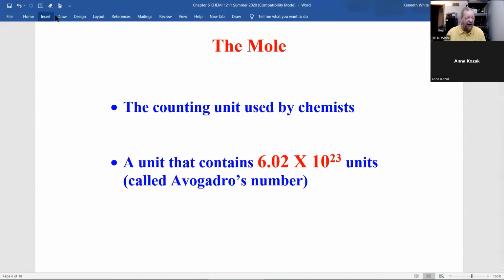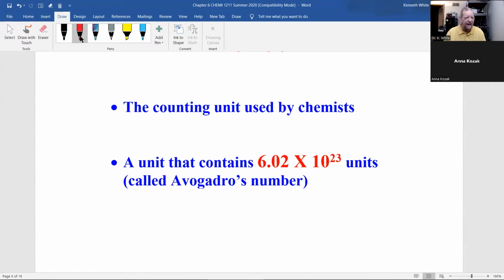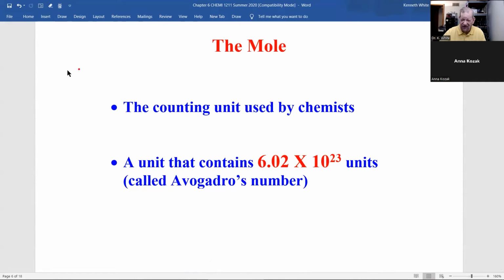Now, let's move on. Let's talk about the mole.